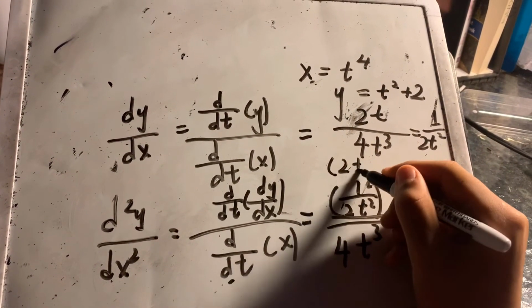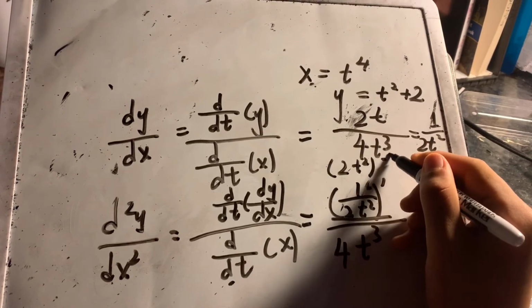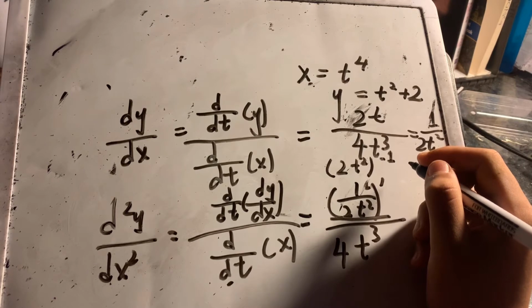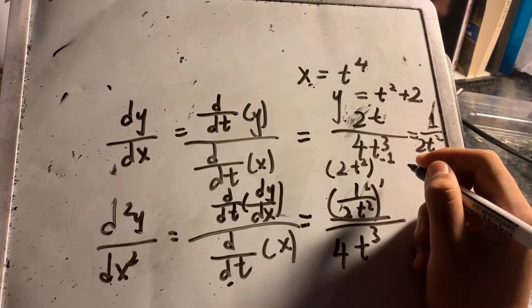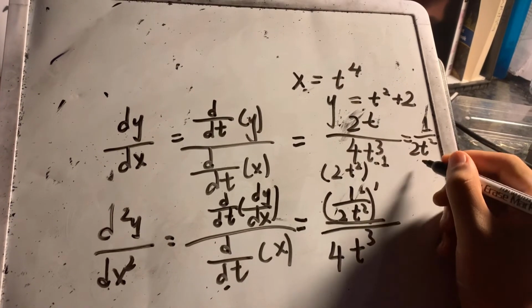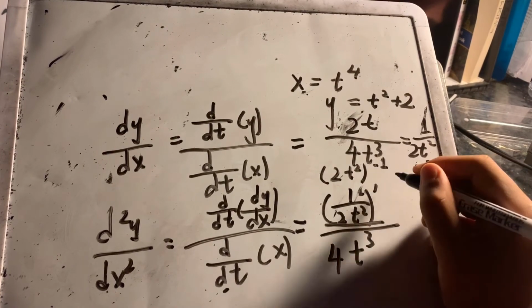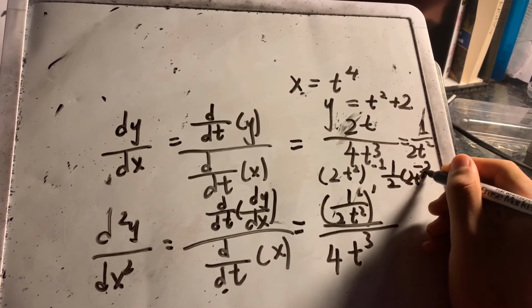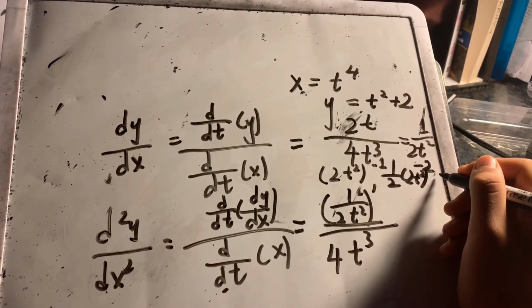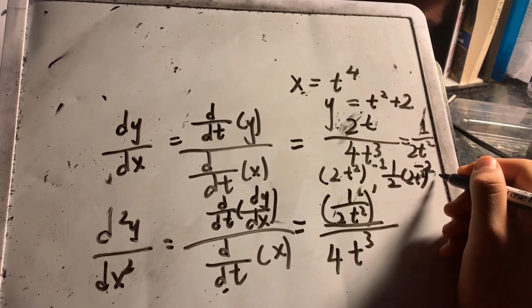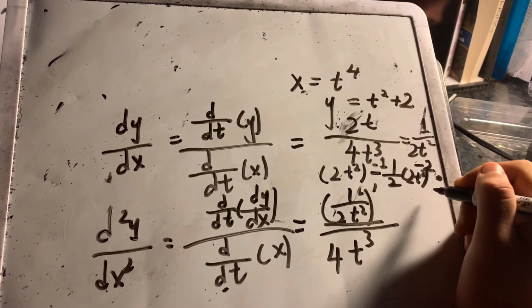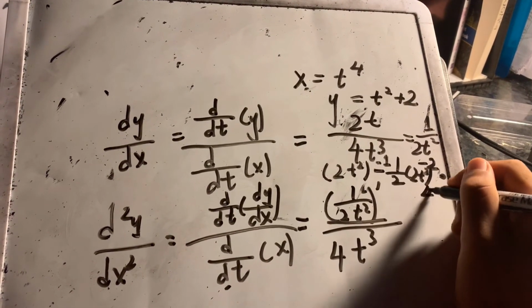That is 2t to the power of negative 1, which gives 1 over 2t squared, negative. Times, based on the chain rule, 4t.